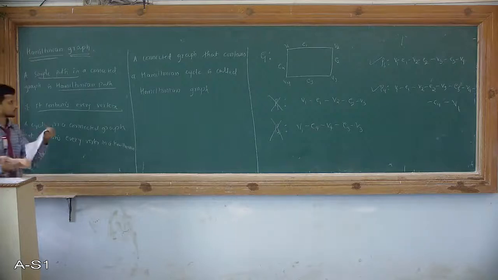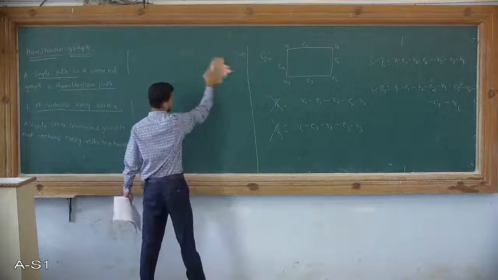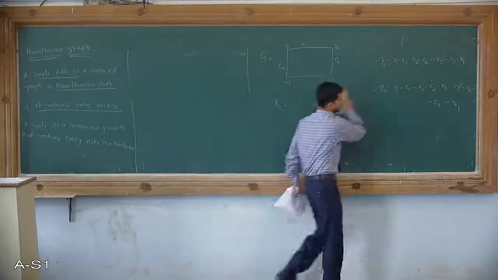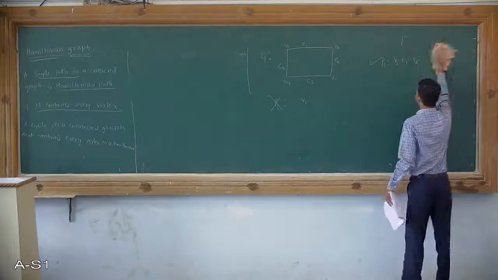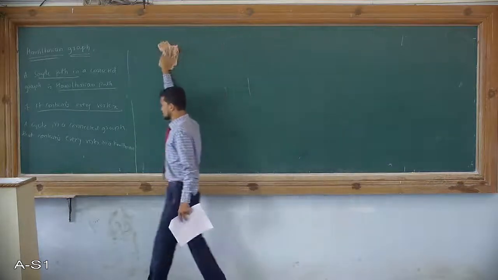Okay, so now we can verify some other examples whether they are Hamiltonian or not. That's why I told you previously we consider some examples. We can show whether all are Hamiltonian or not. So I will repeat the definition once again.